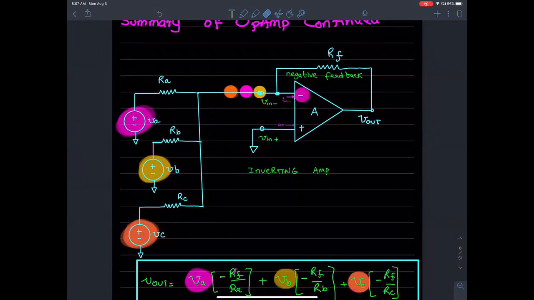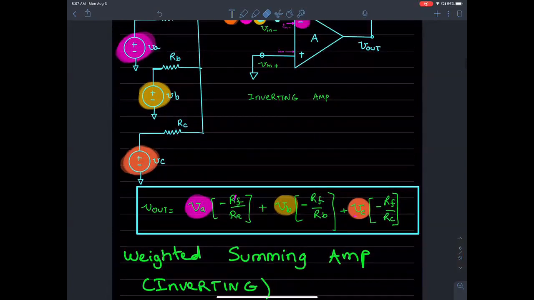Once they're applied to the negative terminal, the final overall output is VA scaled by some negative weight, VB scaled by some negative weight, and VC multiplied by some negative weight. They're all added together, hence the name weighted summing amplifier.